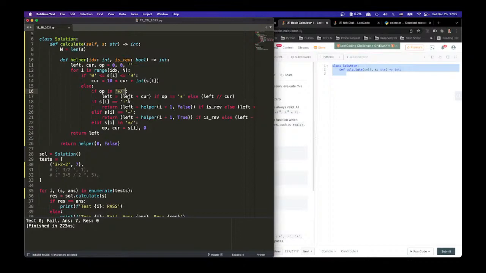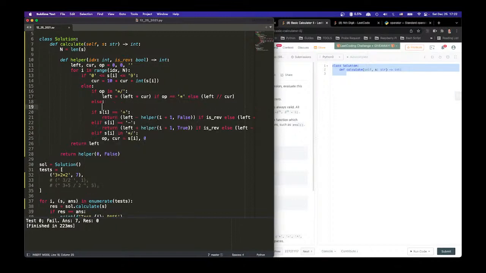So anyway, operating this, we do the left, right? Else, this operator can only be this or this. That's the only possibility for the operator, right?